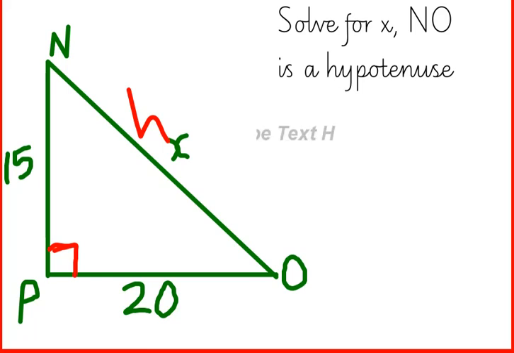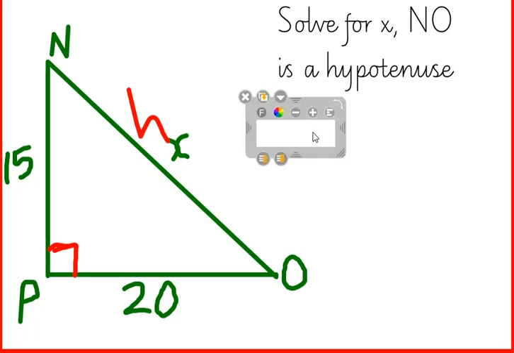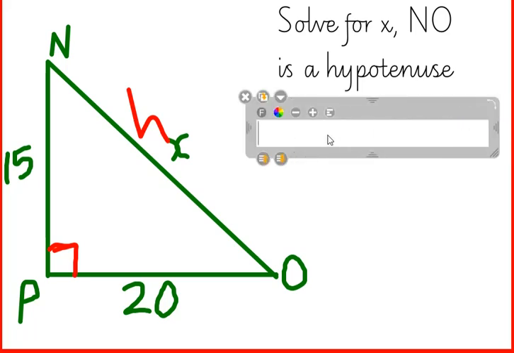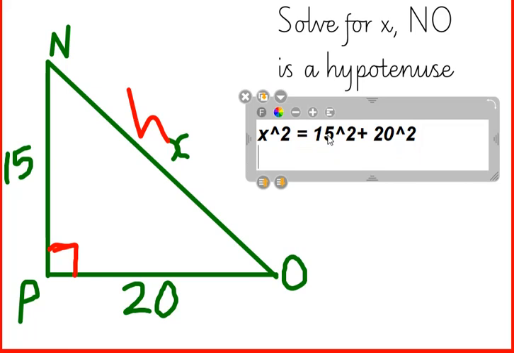If we were to write it down, we would say the following. We'll have x squared equals 15 squared plus 20 squared, and that will give us our x squared.